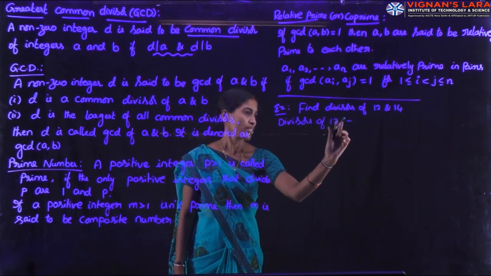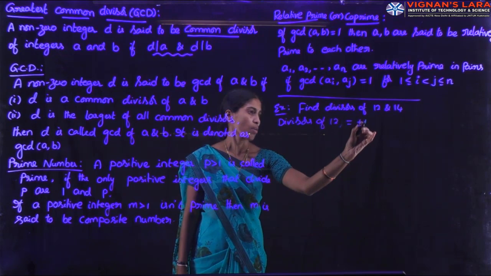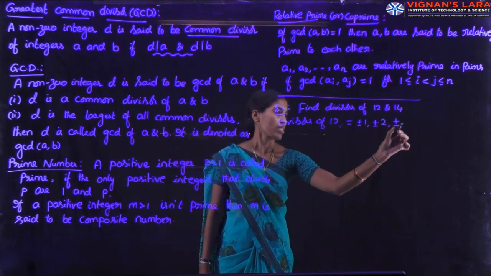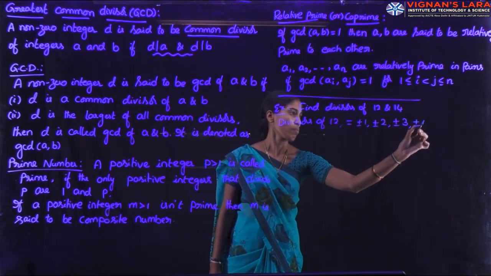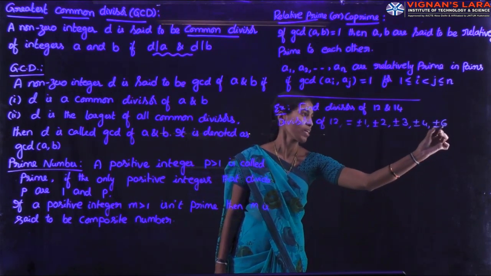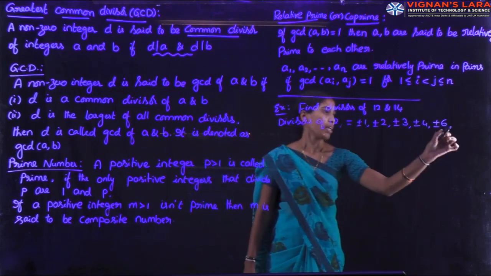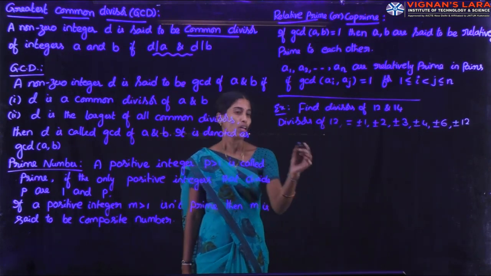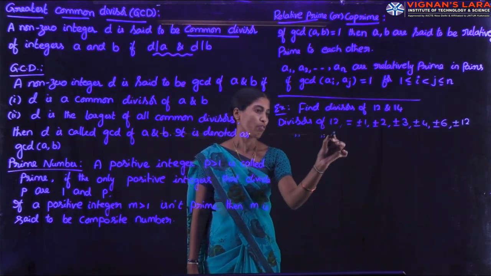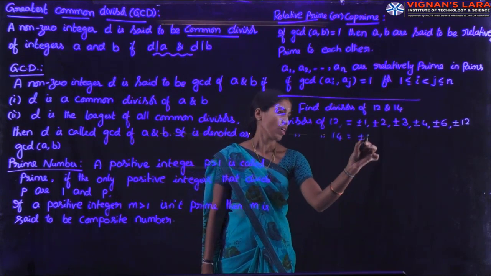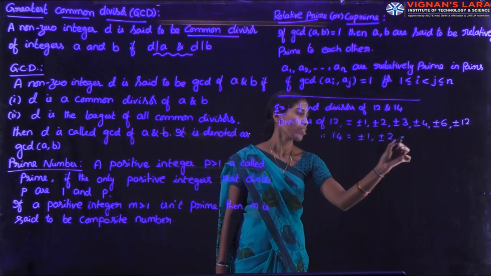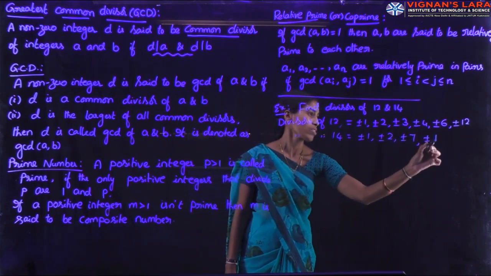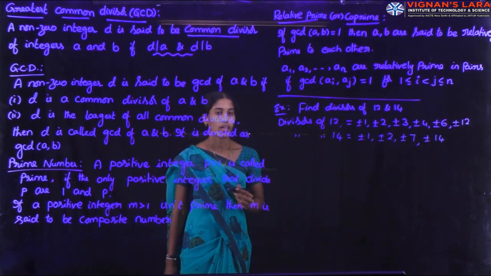The divisors of 12 are plus or minus 1, plus or minus 2, plus or minus 3, plus or minus 4, plus or minus 6, and plus or minus 12. These are the divisors of 12. Next, divisors of 14 are plus or minus 1, plus or minus 2, plus or minus 7 and plus or minus 14. Right?